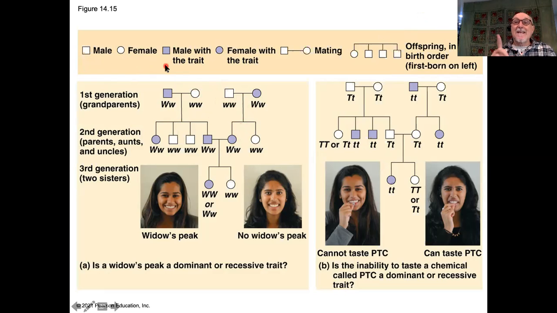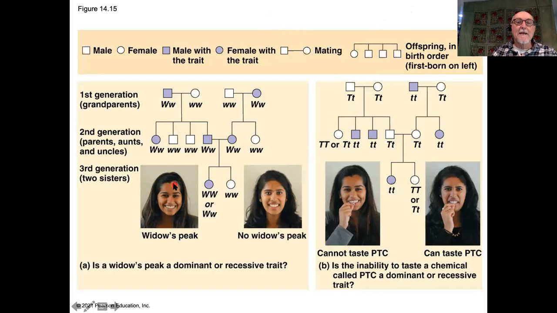If the person has a particular trait that we're interested in, then they are colored in like this. When a male mates with a female, we show, by convention, all the offspring with the oldest one here and the youngest one here. So we're going to examine now a simple, harmless trait, and that's the widow's peak.